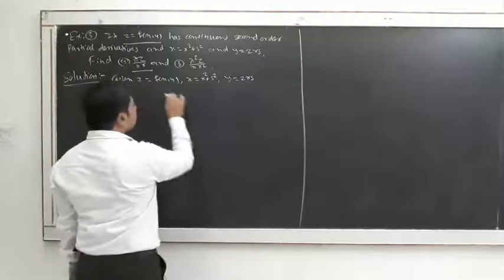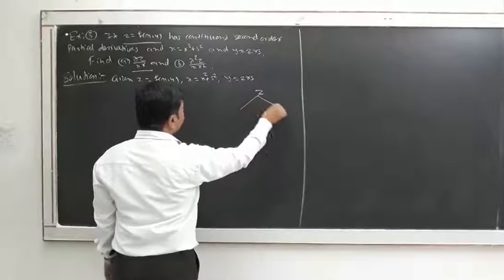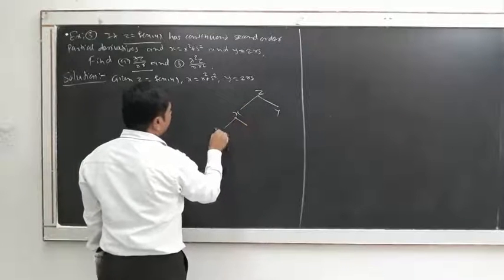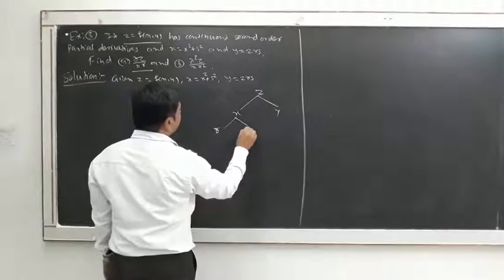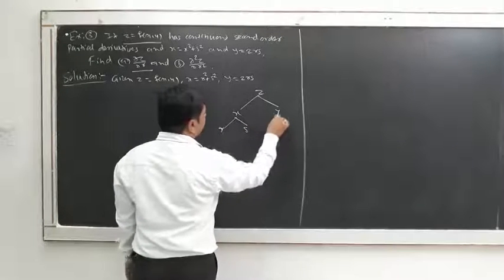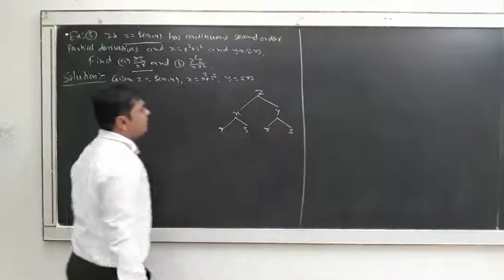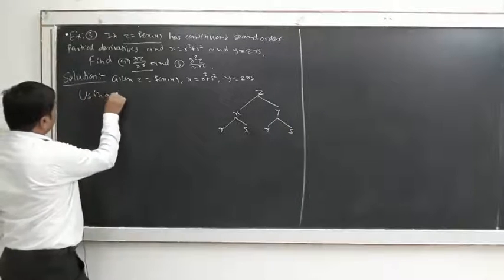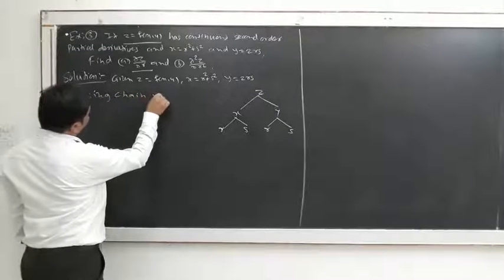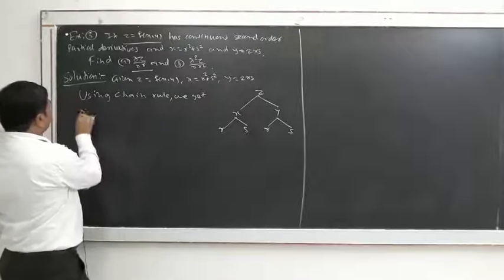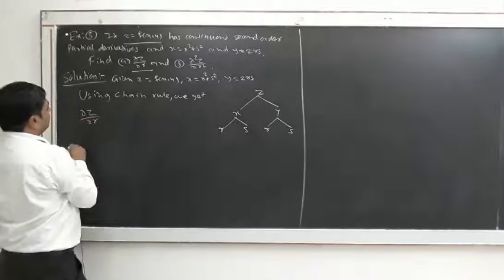So now z is a function of x and y, and this x and y are functions of r and s. So you can write the chain rule. So using the chain rule we get ∂z/∂r.